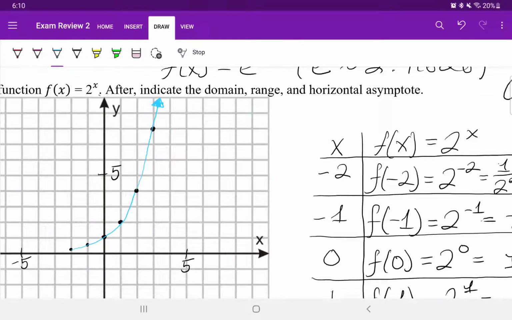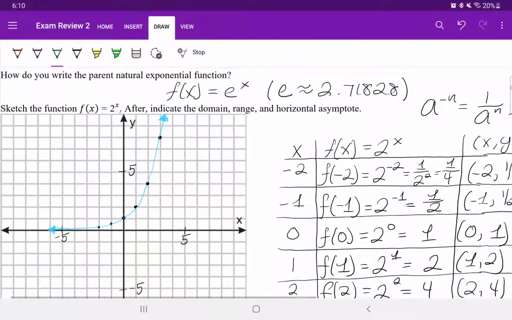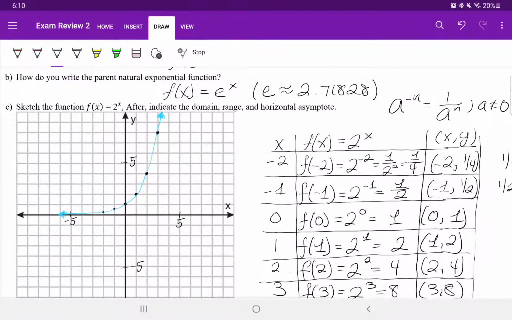Okay, this first one looks good, so I'm proud that it's going pretty well so far. Let's see, can I get it good down here? You know what? This was a good take. I'm proud of myself for sketching this. And ladies and gentlemen, that is the function f of x equals 2 to the power of x.